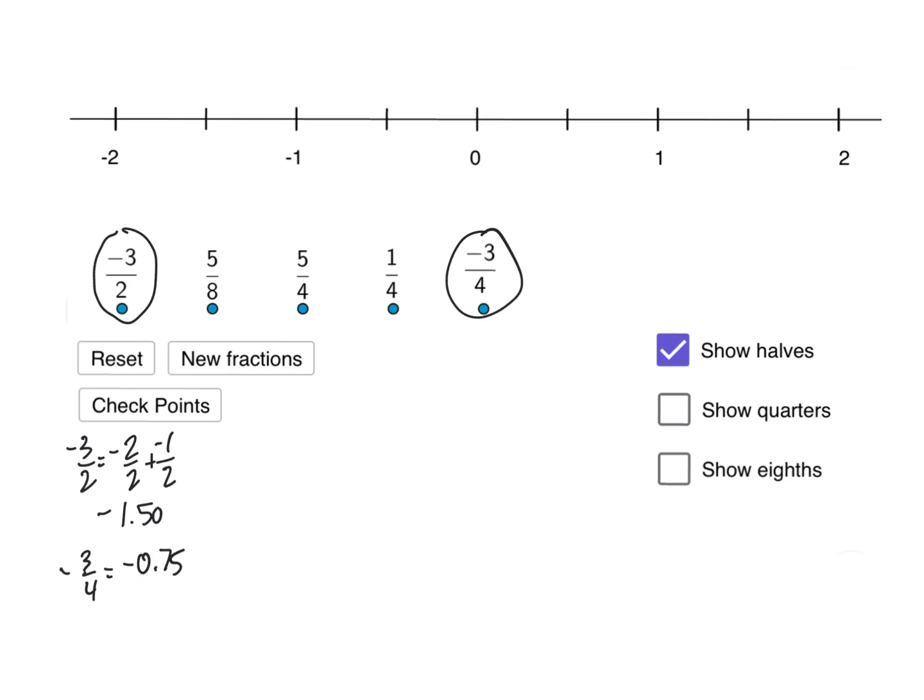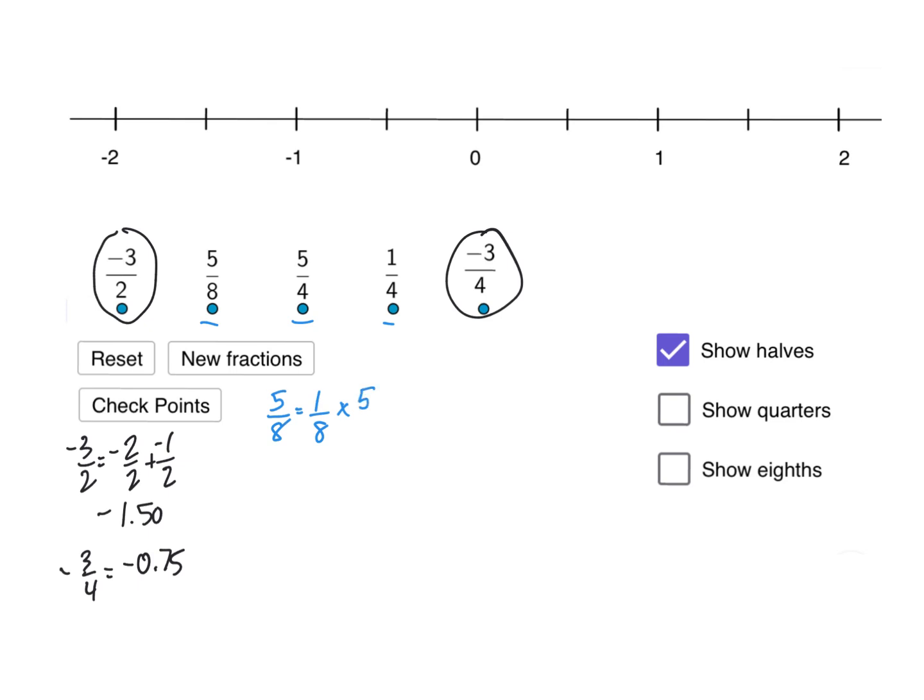What we have left is 5/8 and 5/4 and 1/4. Well, 5/8 is the same as 1/8 times 5.